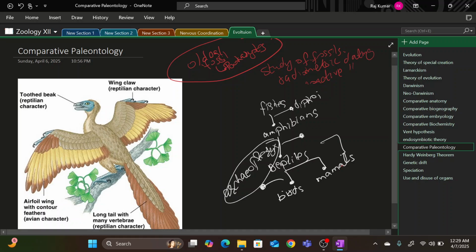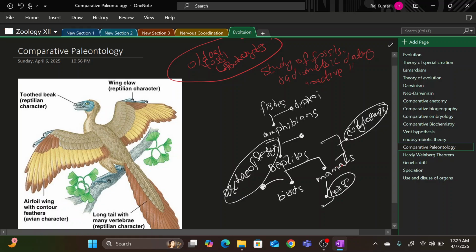And then there was an evolutionary relation between reptiles and mammals that was known as cotylosaurs. Now we are not going to study that in detail. And then further within mammals, the horse had evolution as well.